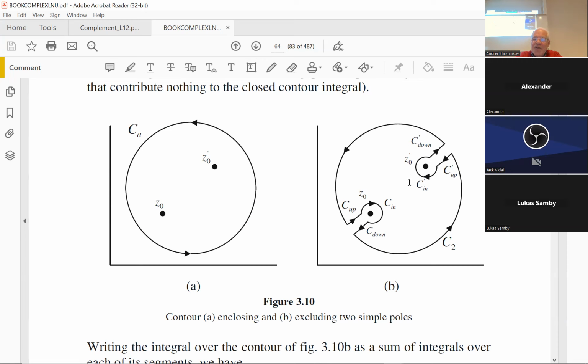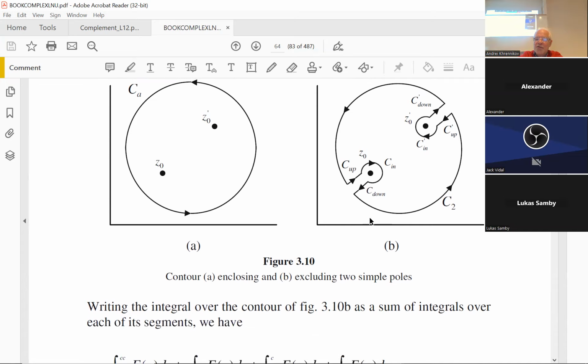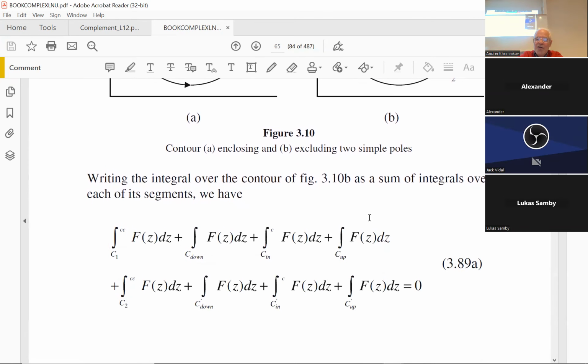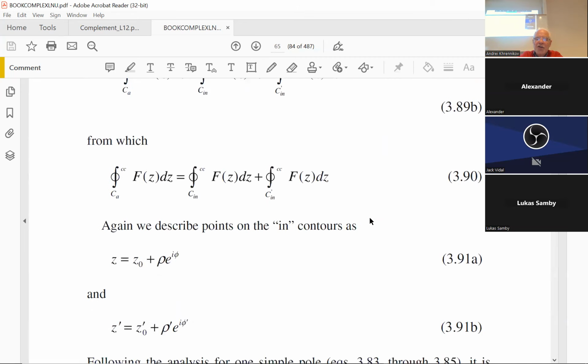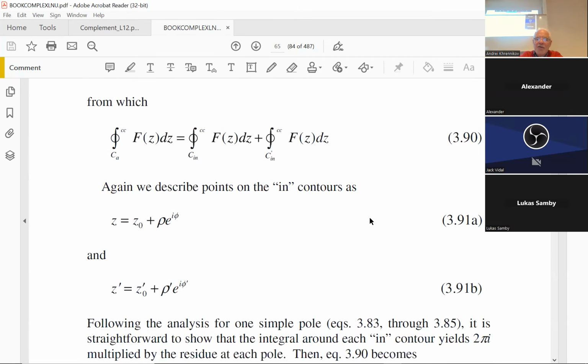So they take these 2 points where our function goes to infinity, as 1 over z minus z0, make circles around, and then the integral is reduced to integrals over these 2 circles. And we again repeat these long calculations, and then we can parameterize the circles.